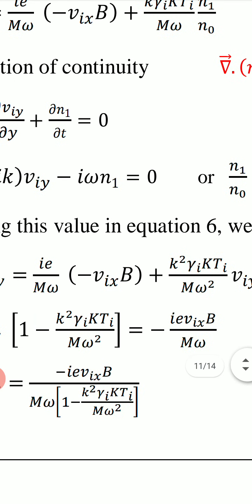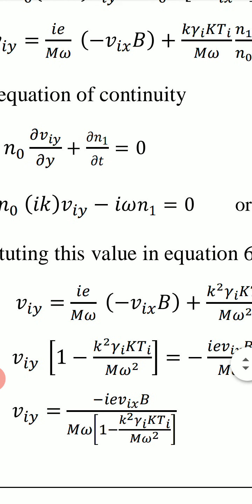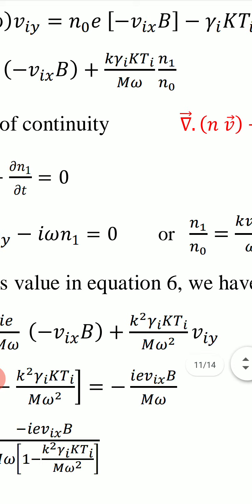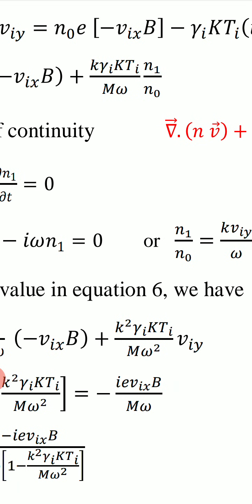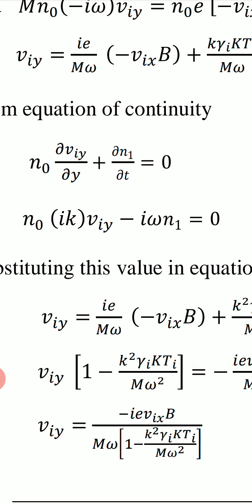So we take the equation. In the second term, we write N1 for N. In the first term, we write N0 for N, because in the first term we have another quantity V, which is V0 plus V1, and for the second quantity V, we write V1, which is written as VIY.